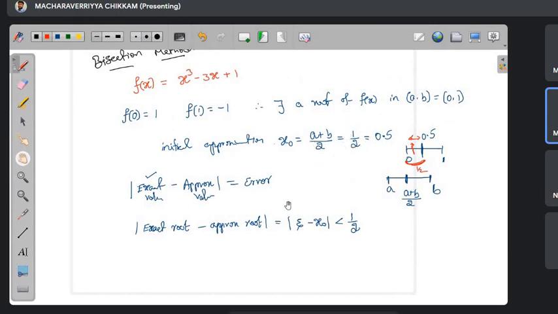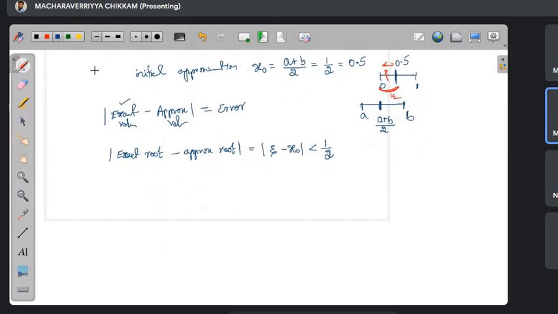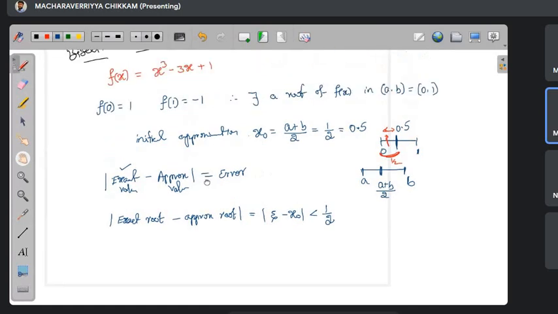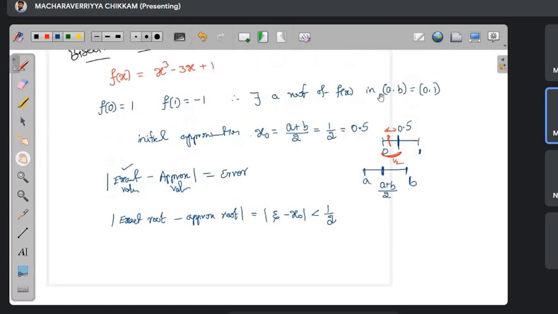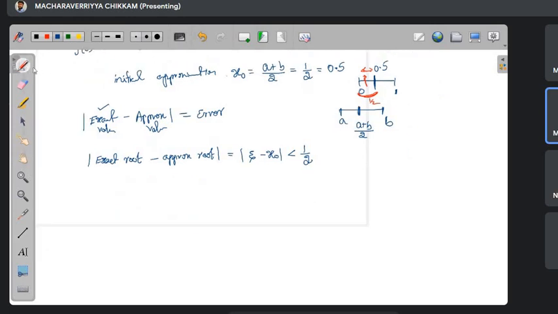So now to find the next one, what shall we do? To find the next approximation, we will update the interval a comma b to maybe 0 comma 0.5 or 0.5 comma 1, depending on the root. Let me assume at 0 this is positive, we already found, and at 1 it is negative.